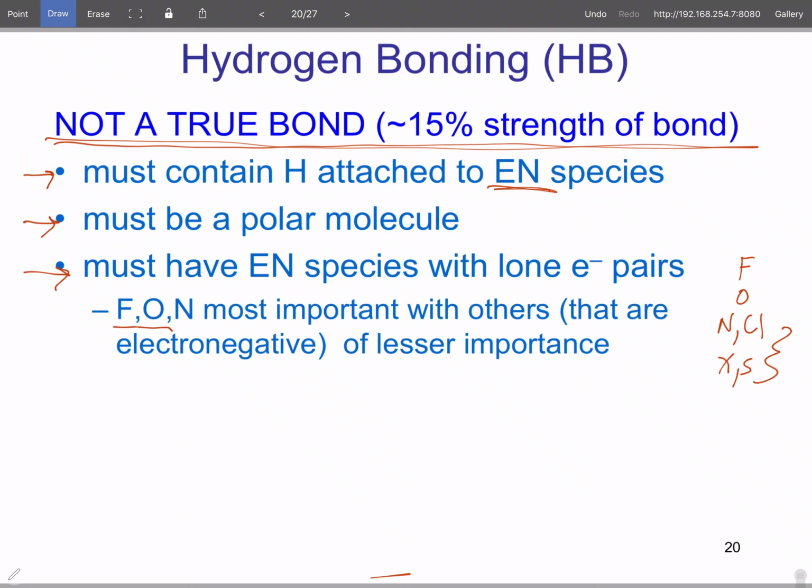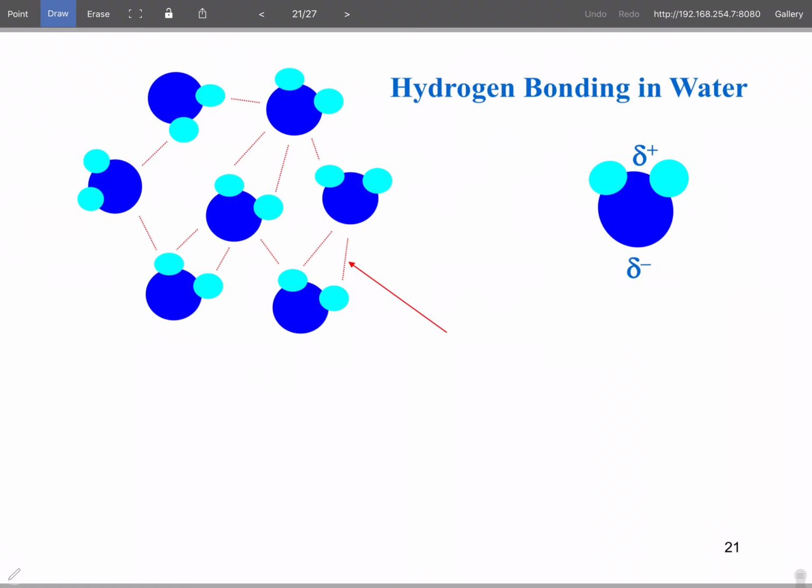And these are the strongest of the intermolecular forces. And the most common place to find them is water. So here we have our hydrogen bonding, because remember we have a permanent dipole. Remember we have two lone pairs over here on the oxygen. So what happens is the lone pairs interact with the hydrogens, which are the partial positives, and that's why they interact as they go.